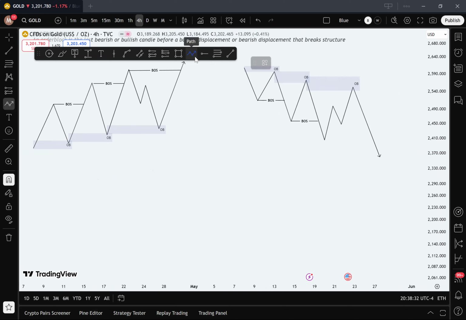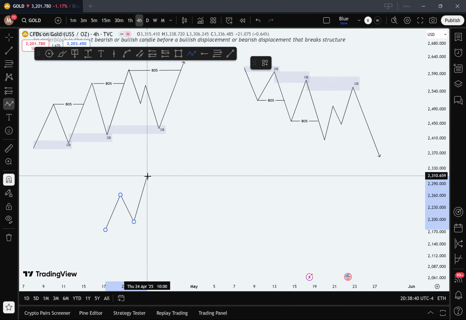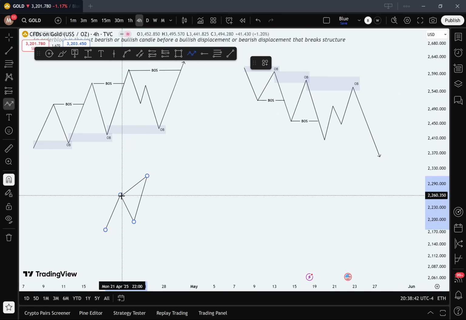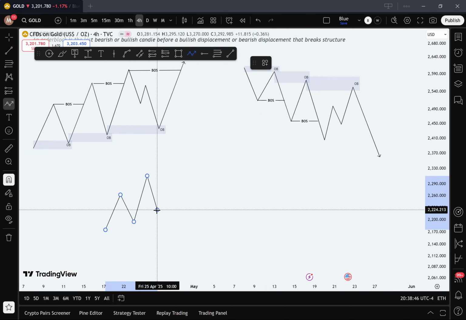Okay, so you have found out that we are in an uptrend, right? In an uptrend, price is making a series of what? Higher highs and higher lows. So you've established that there's an uptrend. Now, what are you looking for? You are looking for an order block.